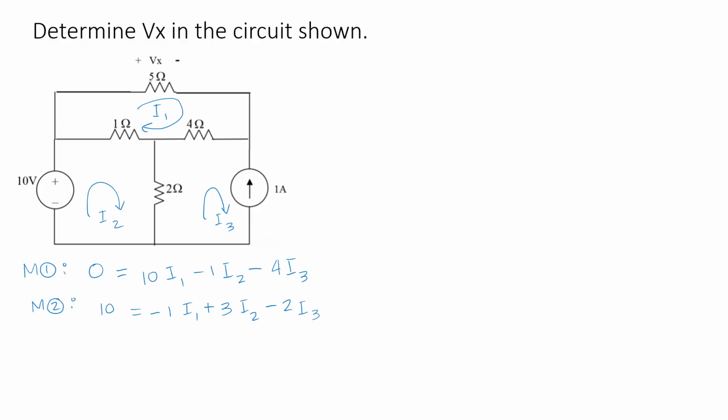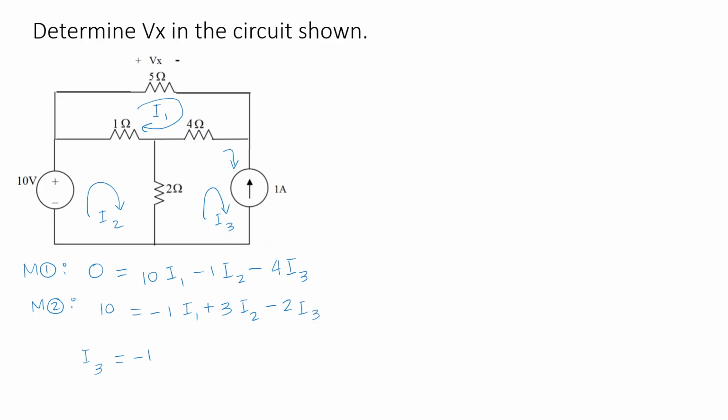We are now in mesh 3. In mesh 3, there is a current source, and that means we can equate I3 with the value of that current source. And I3 is now equal to negative 1. It's negative because I3 will be opposite the direction of the 1 ampere.